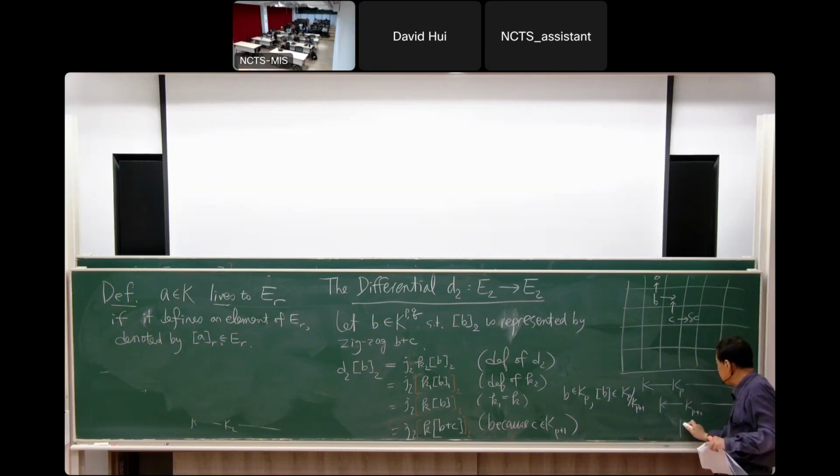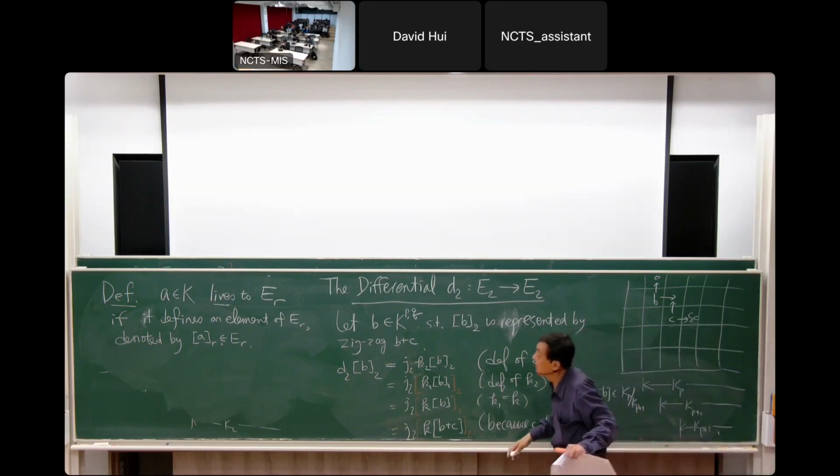Delta C is in K^{P+2}. But this delta C is also in K^{P+1}, because we are filtering by P. So it is not in K^P, but it is in K^{P+1}, and also in K^{P+2}.